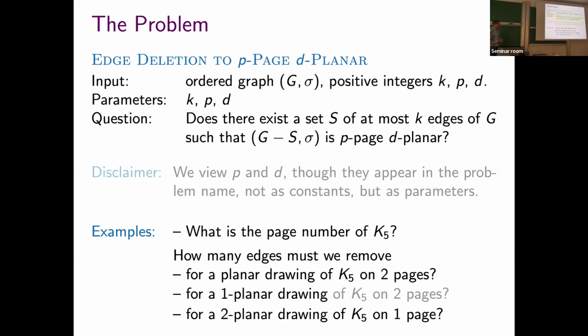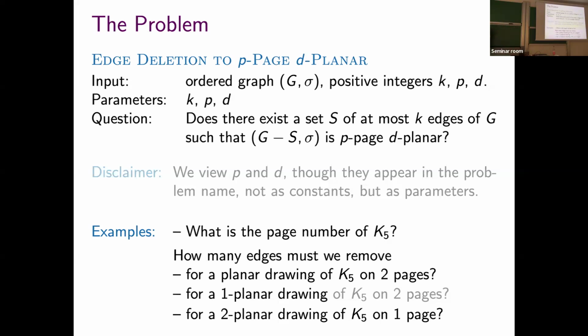Okay, and just the last one. So if we allow 2 crossings per edge, can we do it on 1 page? Or do we need to remove some edges? So let's have a look.